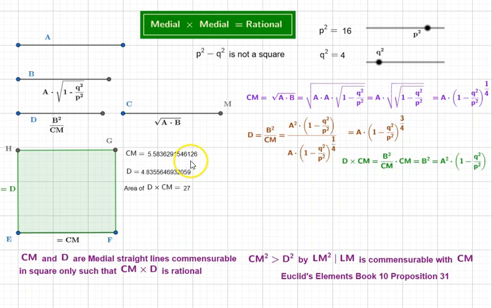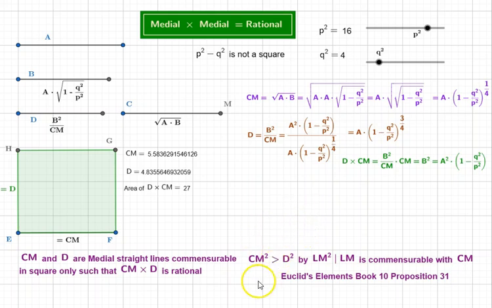But in these two cases, we can't say that these are medial. It is only when we write it in this form, we know that these two are medial straight lines. Medial straight lines are nothing but where you have a fourth root.